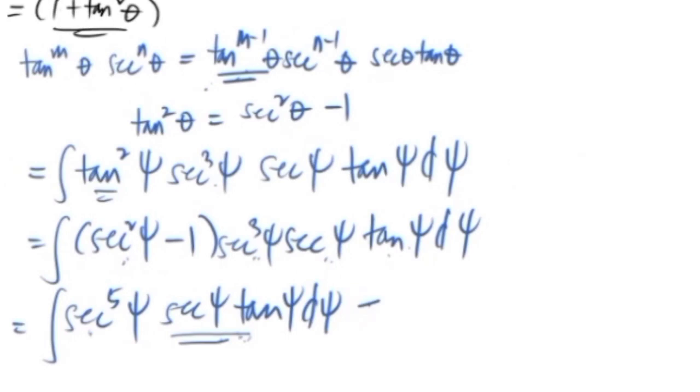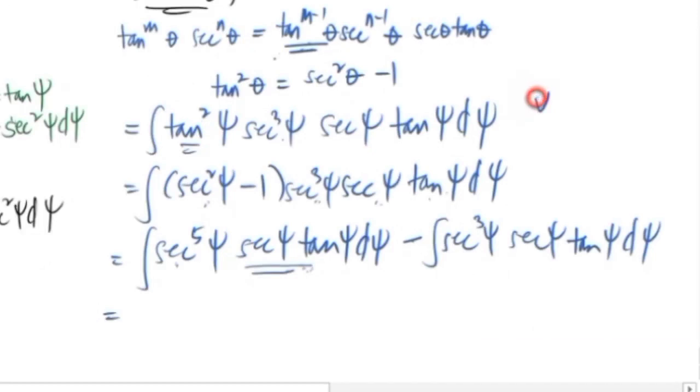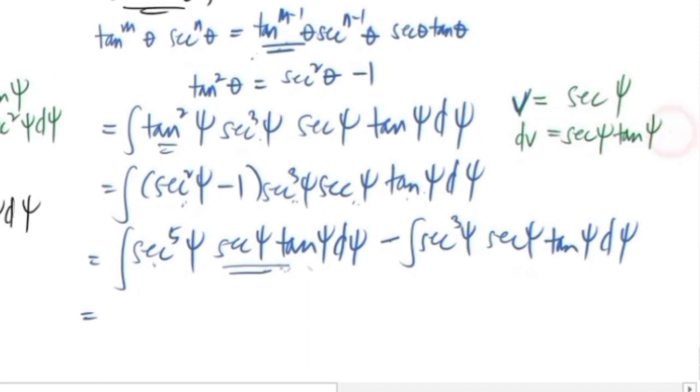Minus, for the second term, it's integral of secant cube psi, sec psi, tangent psi d psi. So if we let v is equal to secant psi, then your dv is equal to secant psi tangent psi d psi.